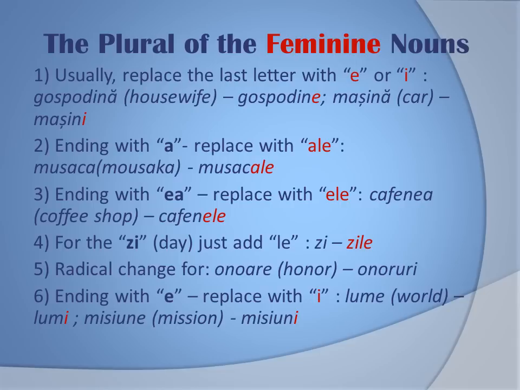Okay, let's have the next type of nouns, the ones ending with e, and you need to replace e with i in order to form the plural. And we have lume, world, which becomes lumi, worlds, or misiune, mission, which becomes misiuni.